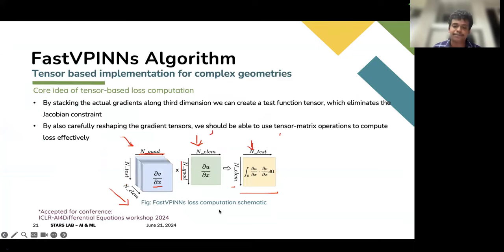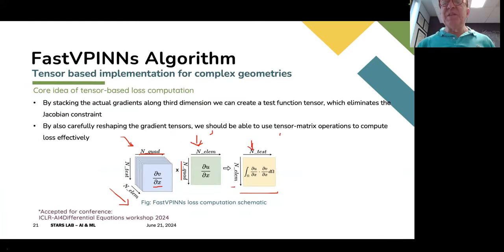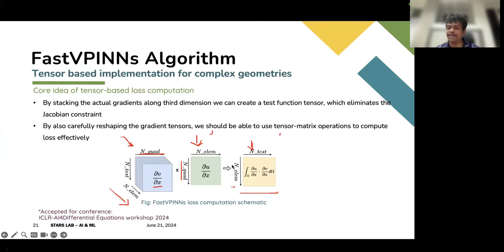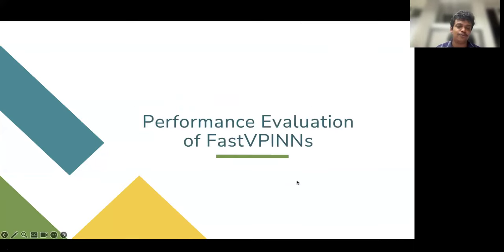JAX is very good at distributing tasks and doing it coherently. But given that you have assembled everything and the only operation is to pass these tensors and calculate the loss in a single go. No, but I also mean the derivative evaluation. Oh, okay. Yeah, it might be. It will beat it in that case. It can be a little bit more efficient.